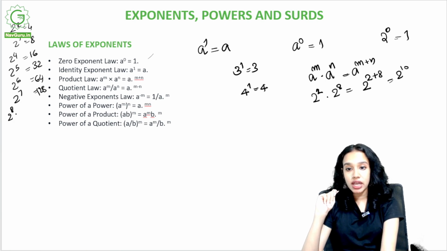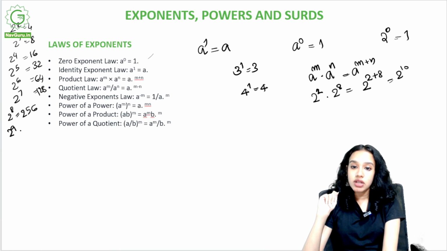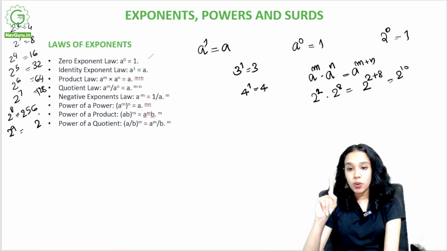Now 2 raised to 8 is 256. Now 2 raised to 9 is equal to this into 2, which is 512. Now what is 2 raised to 10?